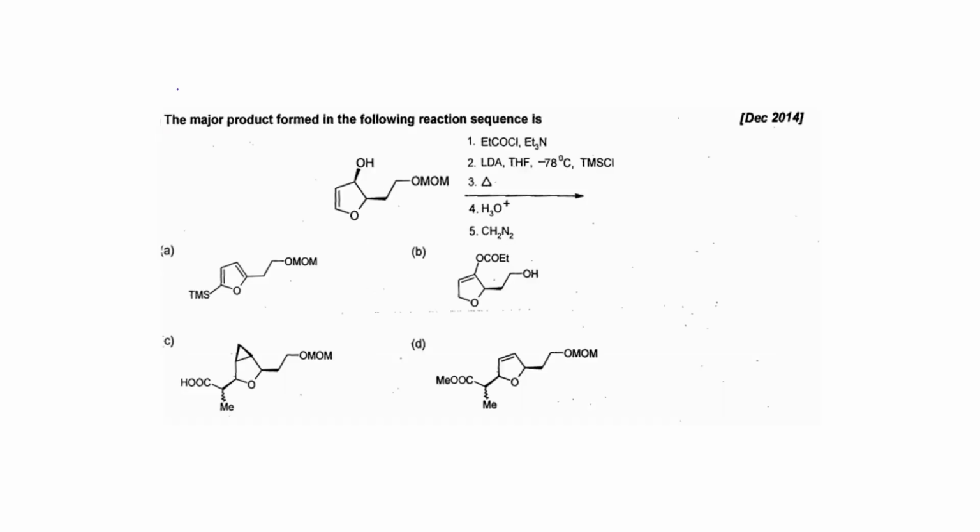So what will be the major product formed in the following reaction sequence? Just let's go step by step. By solving this type of question, you will get an idea how to plan a retrosynthesis of any compound.